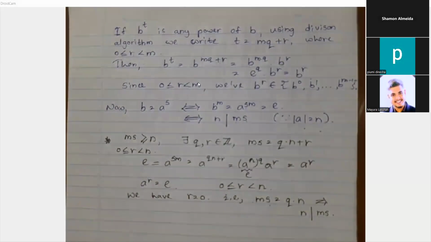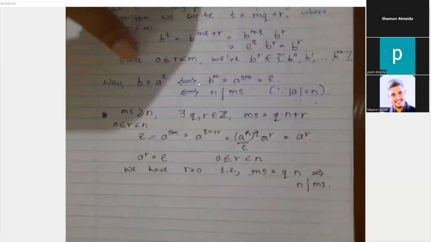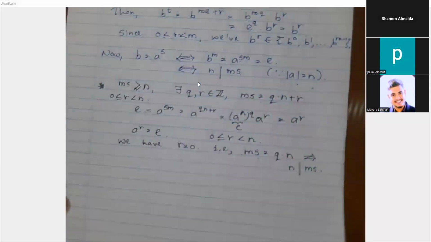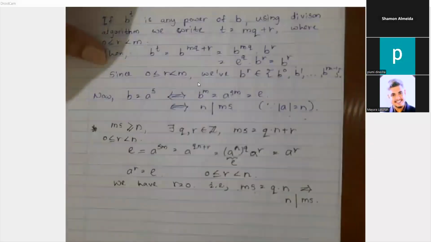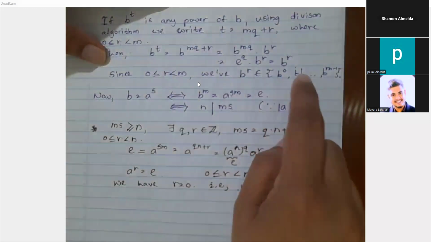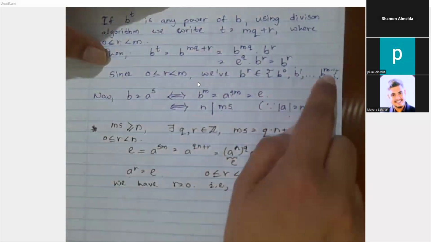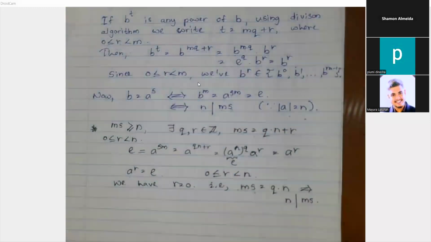Now, we know after all this that H has m number of elements. Those are the only elements, and they are given by b to the power of 0, which is the identity, b1, up to b^(m-1), which are all distinct. So it has exactly m elements.